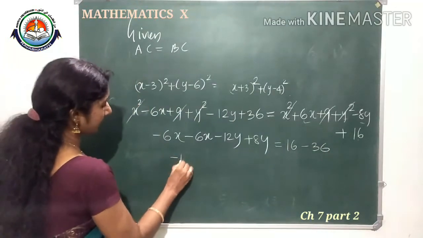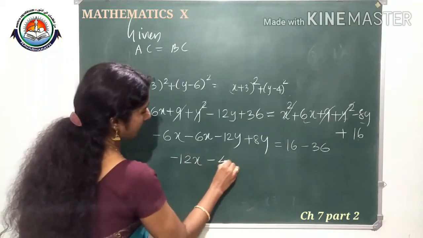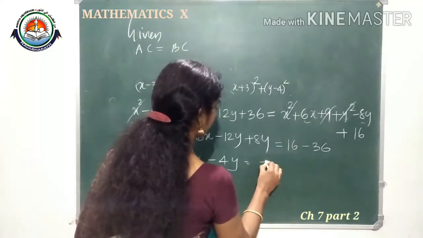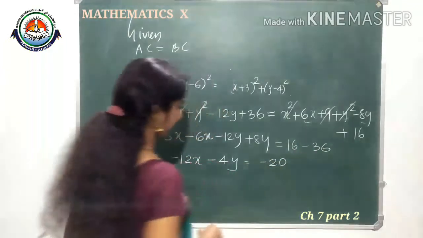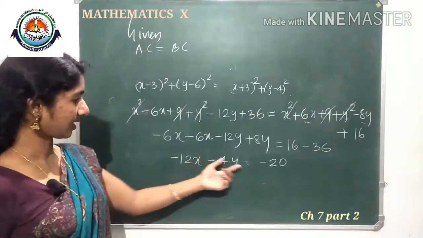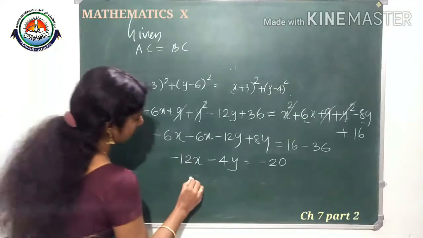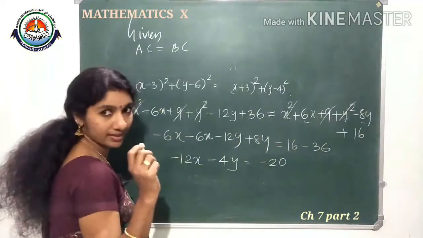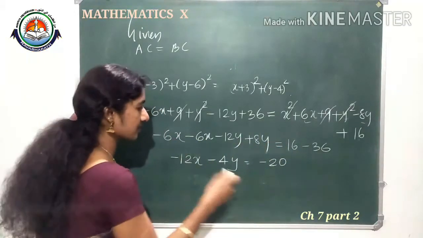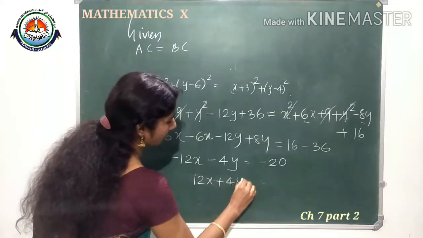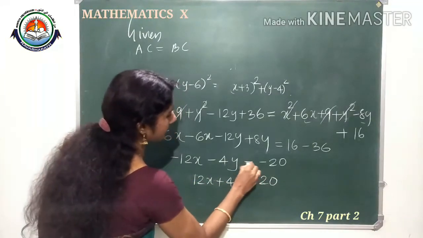Then we are getting minus 12x minus 4y equal to 16 minus 36, which is minus 20. Then we can remove this sign, since all terms have a negative sign, we can cancel negatives from the left side and right side. So we are getting 12x plus 4y is equal to 20.